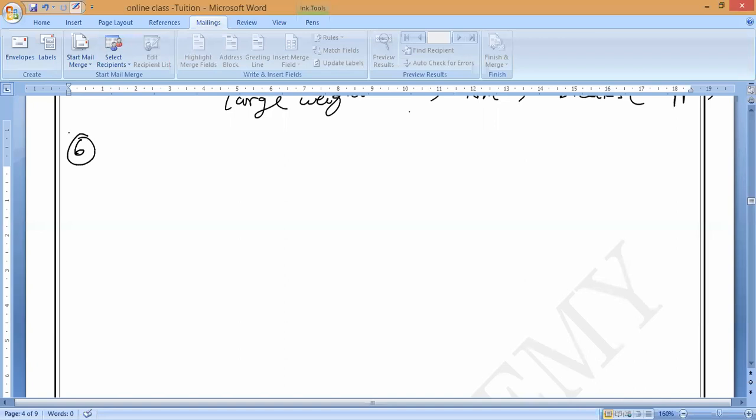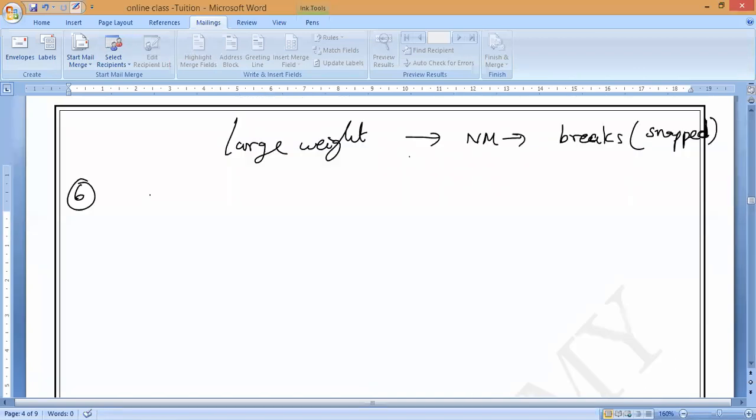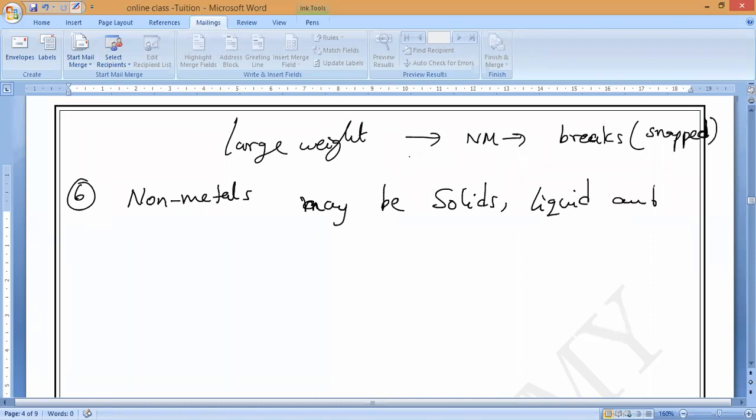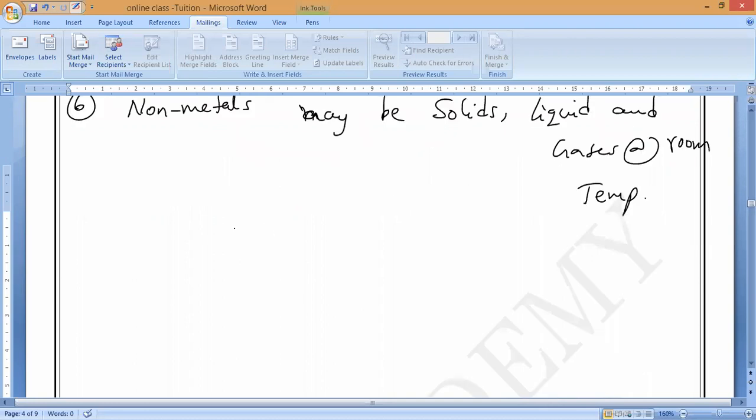Now the next one, what is the sixth property? Very easy. How do they exist at room temperature? Non-metals may exist as solids, liquids and gases. So non-metals exist in how many states?